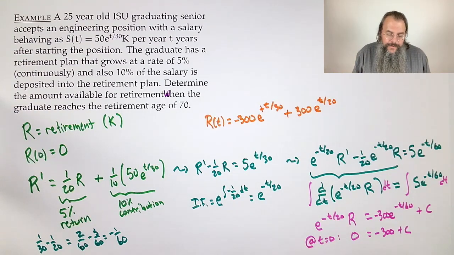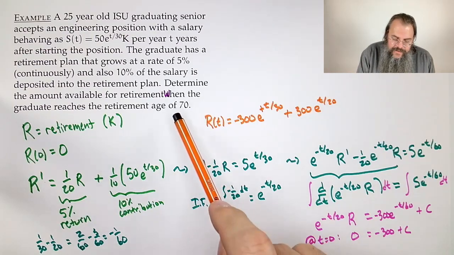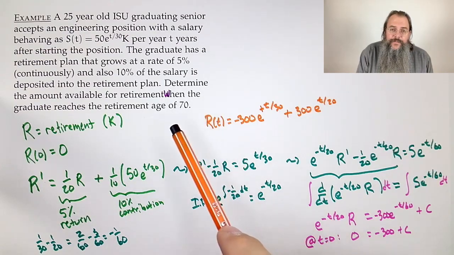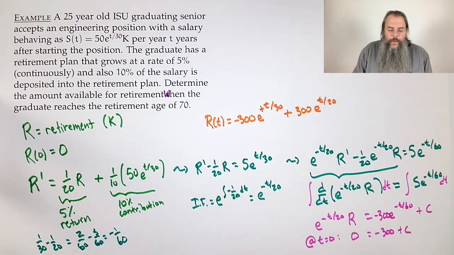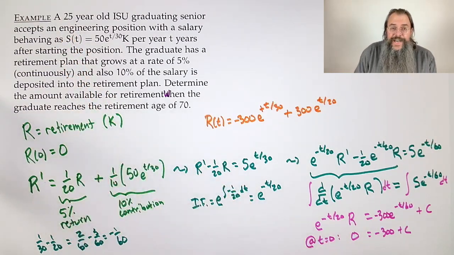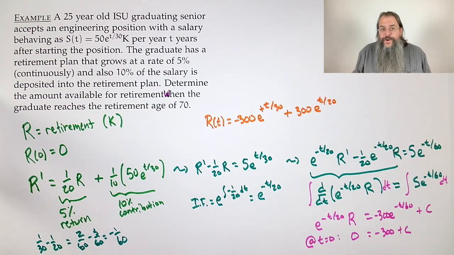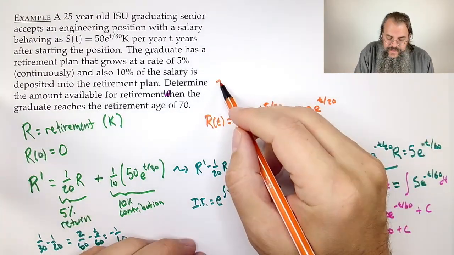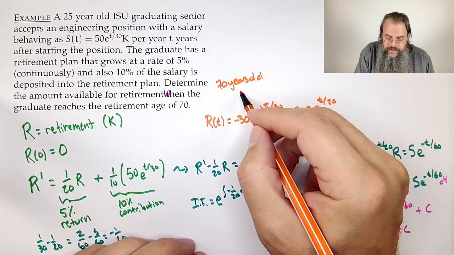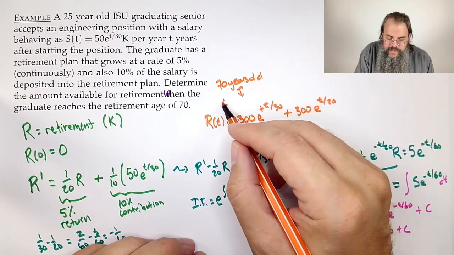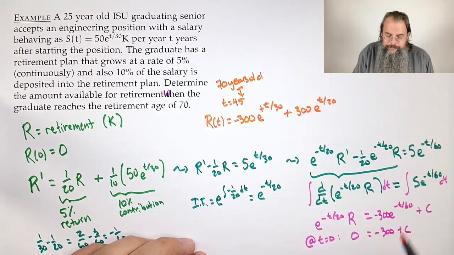What age do we care about? Well, at age 70, but that doesn't mean we plug in 70, right? It's because we're talking about since we started. We started at 25. So what we need to do is plug in 45. So 70 years old corresponds with time t equals 45.